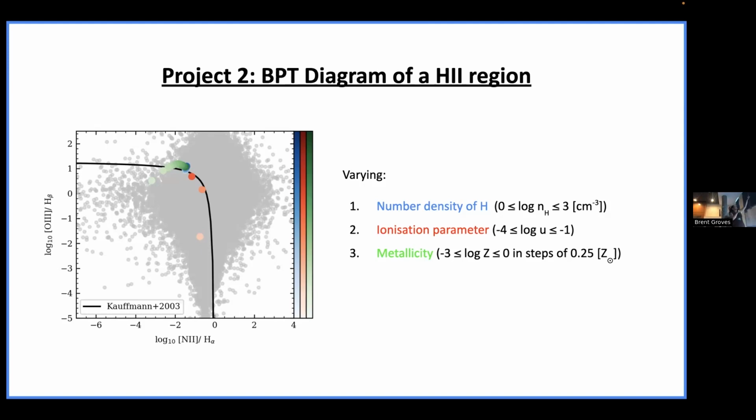If you have a look at the green points, that is the metallicity. As the metallicity goes down, of course, you have less oxygen and less nitrogen, so the points move towards the origin of the axes. And if you look at the blue points, they are near the green ones.